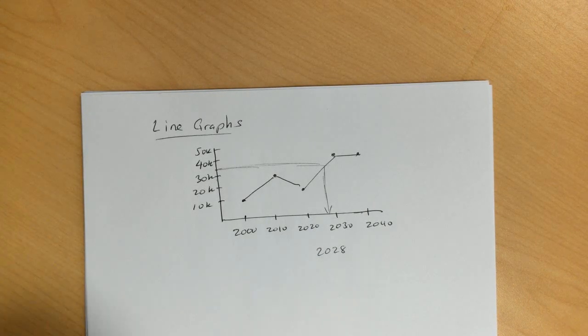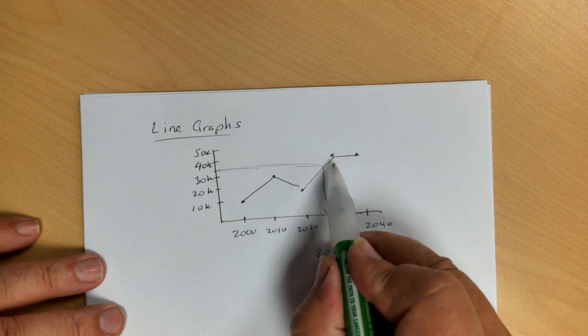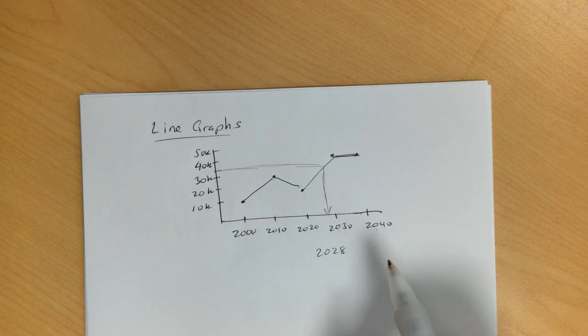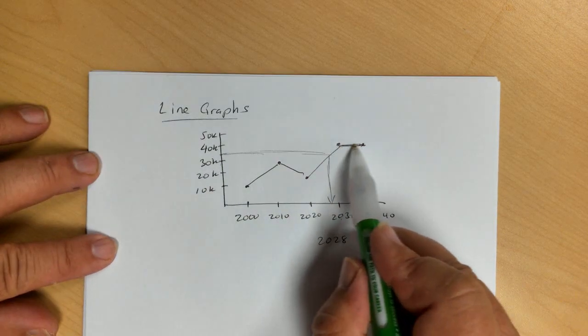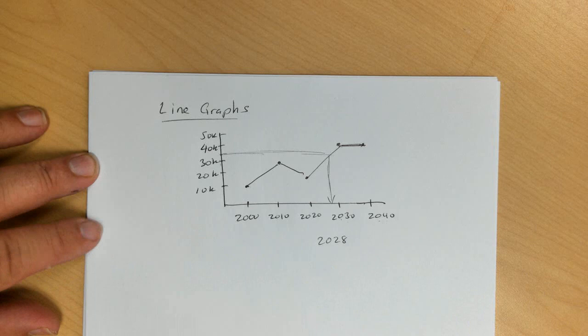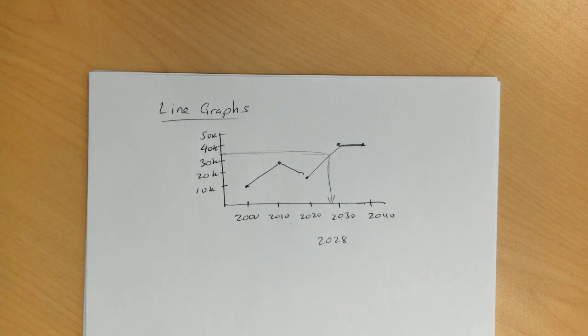So again, it's an estimate. We have no growth, since it's a flat line here, between 2030 and 2040.